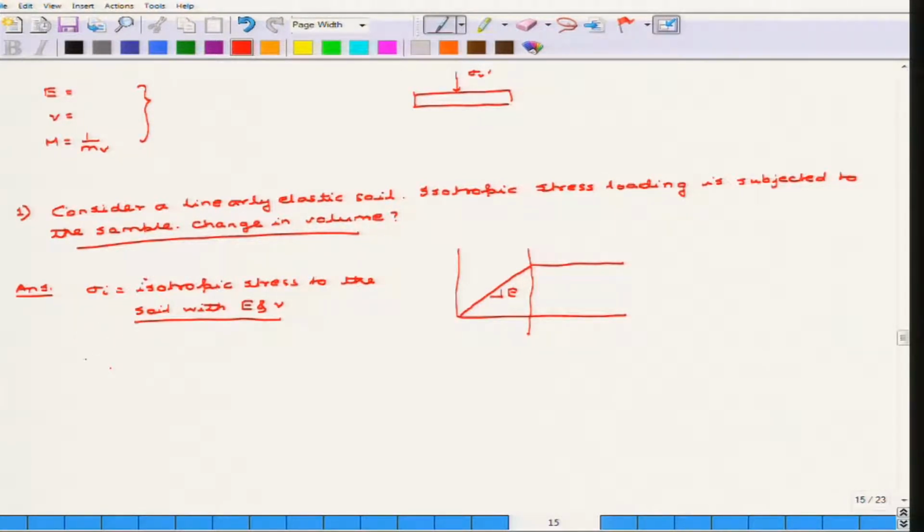Now, from the basic mechanics definition you know that the strain can be written as 1 by E into sigma I minus 2 nu into sigma I. Now, the 2 nu into sigma I part is totally related to the triaxial stress conditions, because if you consider epsilon x, it is written as sigma x by E minus nu into (sigma y plus sigma z) by E.